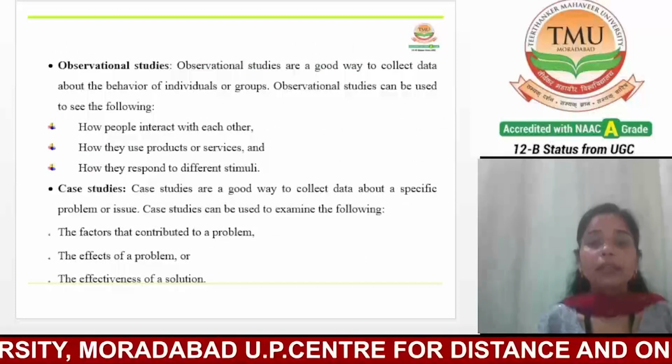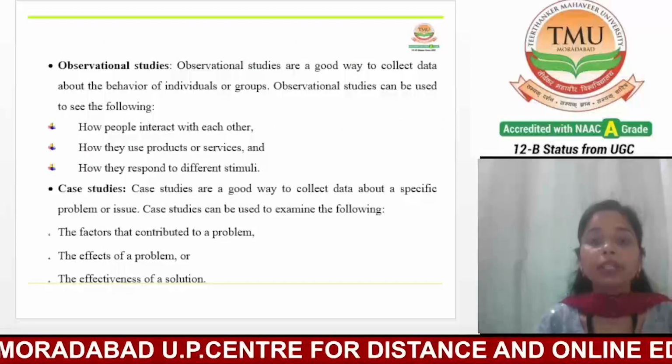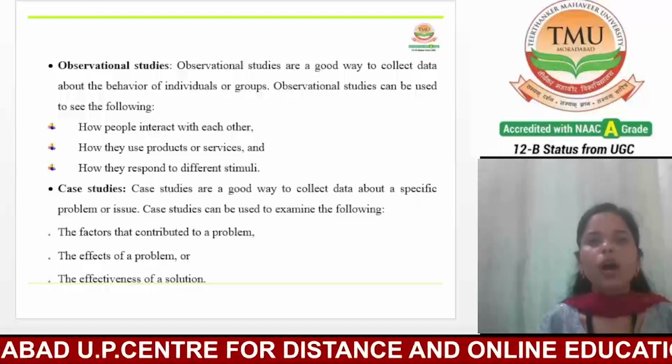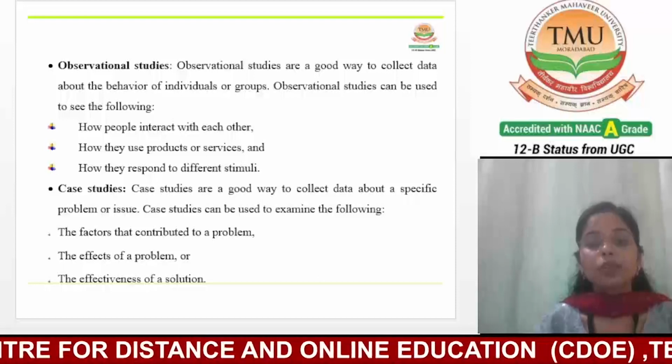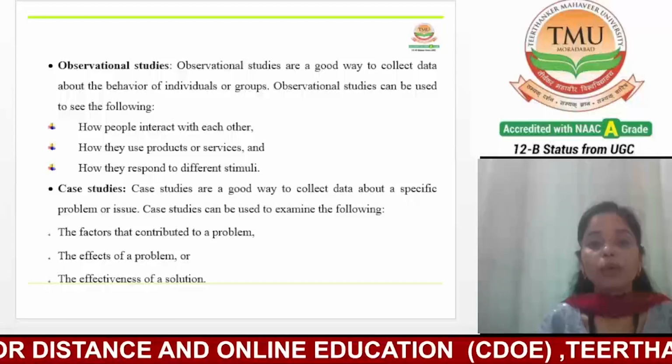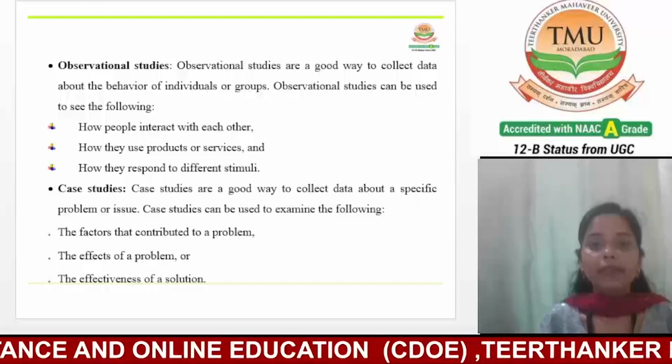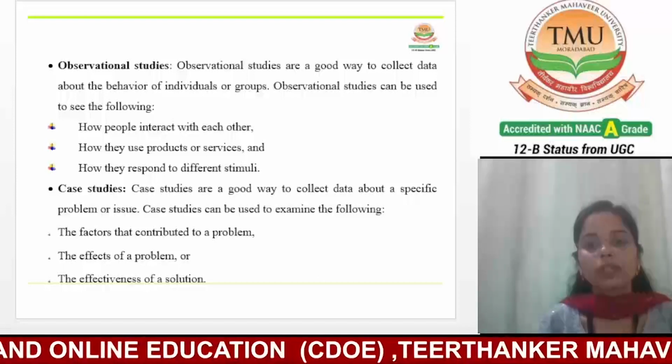Now again, the next one is observational studies. Observational studies are also a good way to collect data about the behavior of individuals or groups.